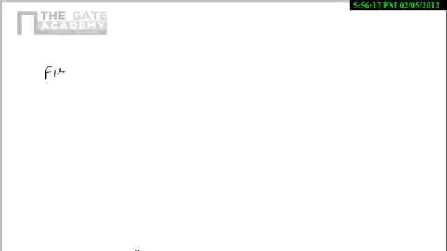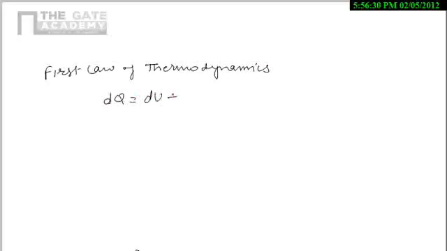Now on application of first law of thermodynamics. According to the first law of thermodynamics, del Q equals del U plus del W. And for the adiabatic case, there is no heat exchange between system and surrounding. So del Q equals 0.